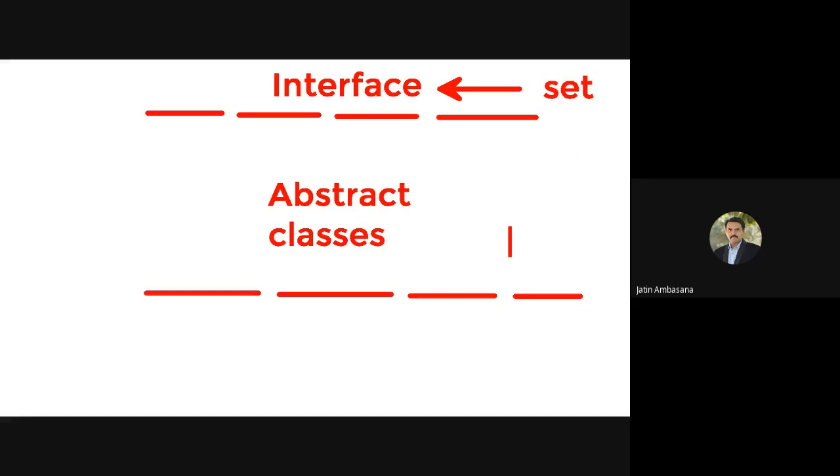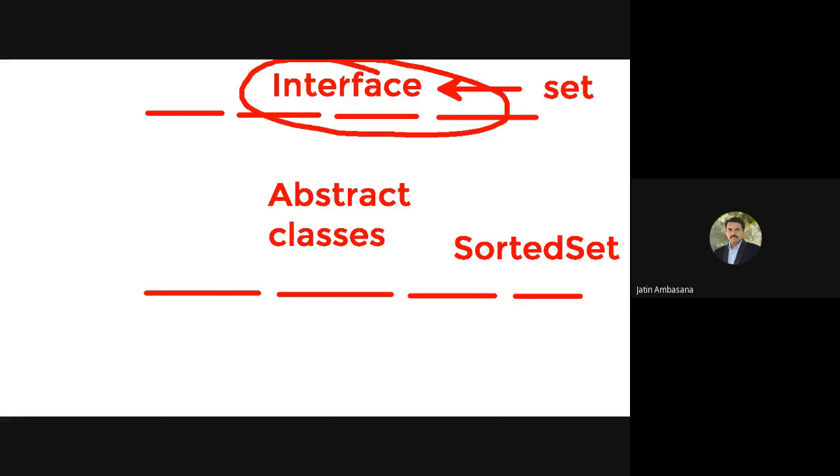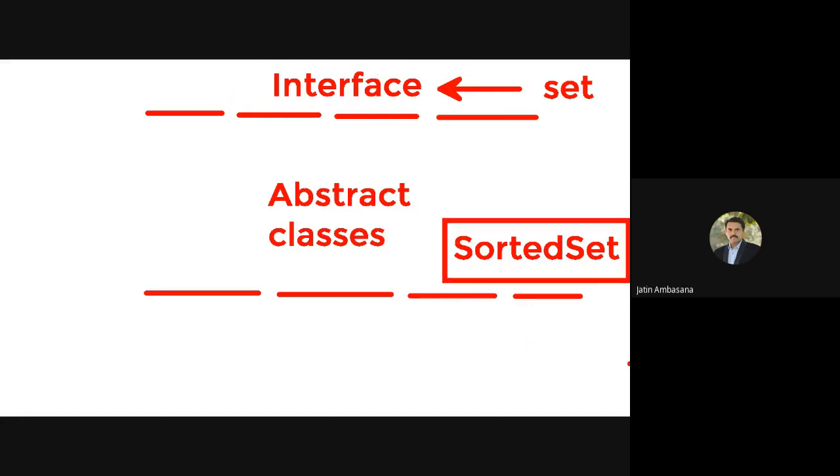So there came the sorted set, which would provide method definitions for basically sorting, and some concrete definitions would also be there. That's why it is an abstract class. Otherwise, it could have been directly an interface, right? Why would they make it an abstract class? Because it might need some concrete methods also.